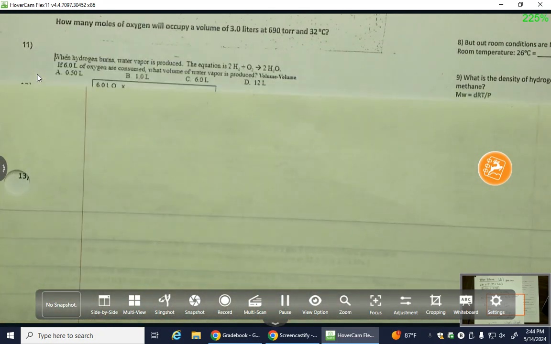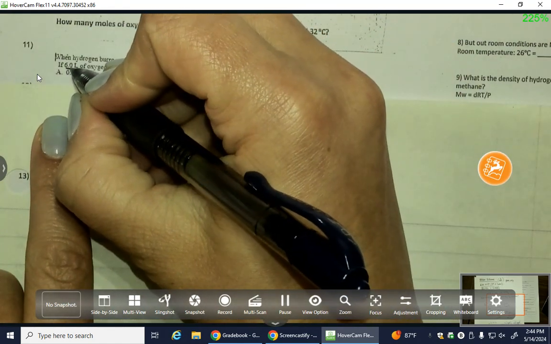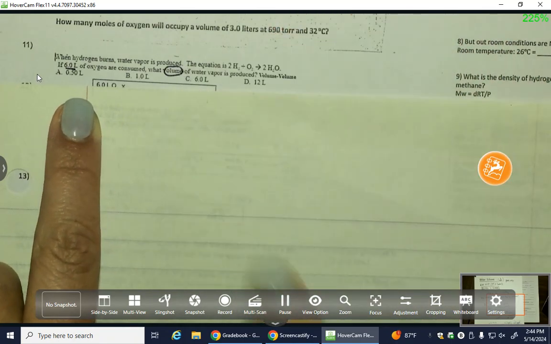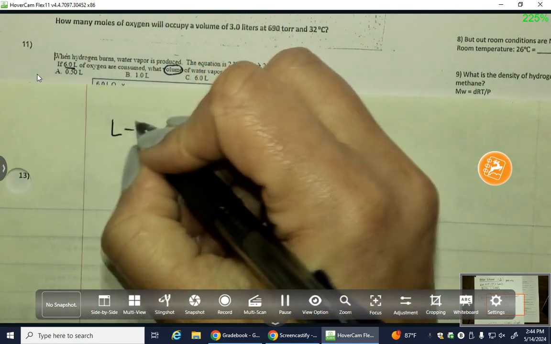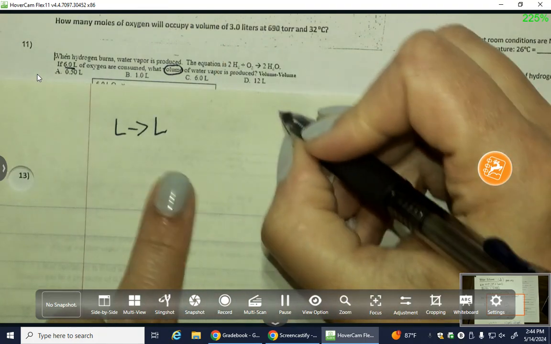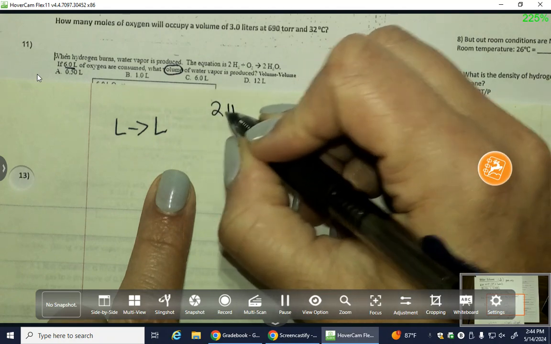All right, so the fact that we are starting with the 6.0 liters and we are going to volume tells us it's that liter to liter conversion, okay? We do have our balanced equation up there.